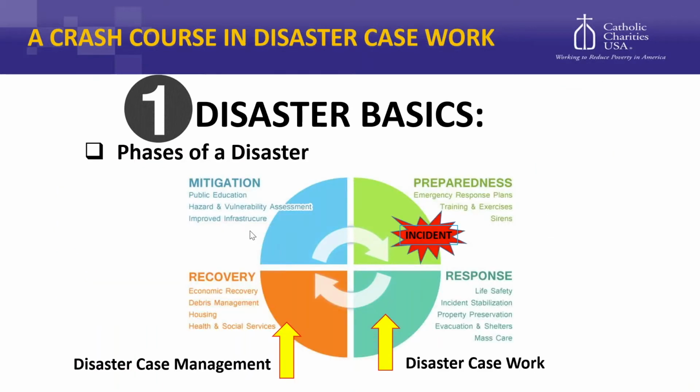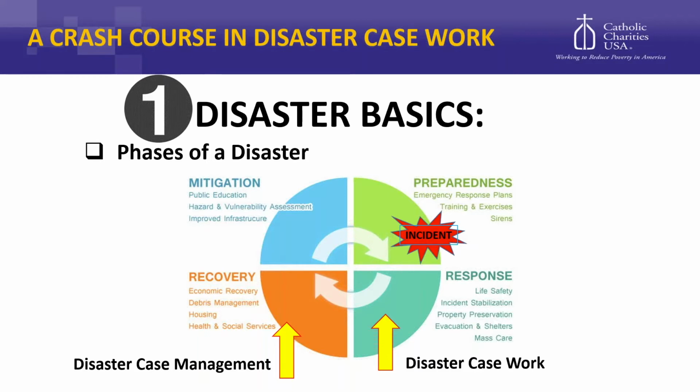So let's talk about the 4 phases of a disaster. You've got preparedness, the response phase, the recovery phase, and the mitigation phase. And please note in the middle of the circle, it's an ongoing cycle. So for instance, if you see the red starburst, that would be an incident. That would be when a tornado hit, that would be when a hurricane hit.